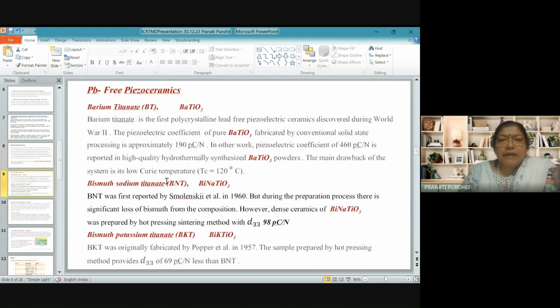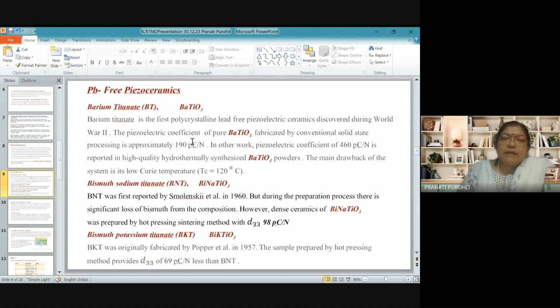Among the lead-free piezoceramics, I will start with barium titanate, commonly known as BT. It is BaTiO3. This barium titanate is the first polycrystalline lead-free piezoceramic material. It was first discovered during World War II, at the same time when PZT was discovered.